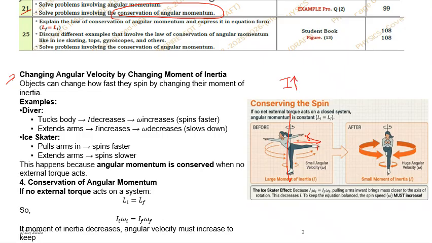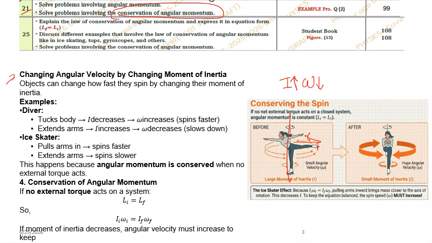If moment of inertia is more, according to the conservation of angular momentum, angular velocity must be less. So what is conservation of angular momentum? Angular momentum before and angular momentum after an action should remain the same.